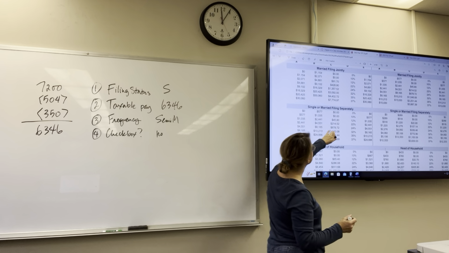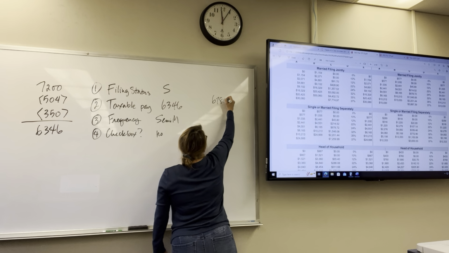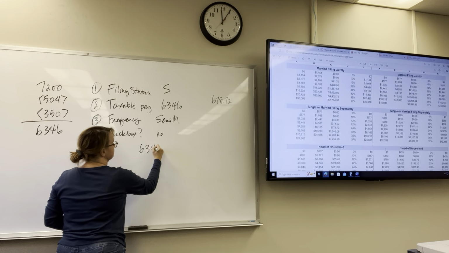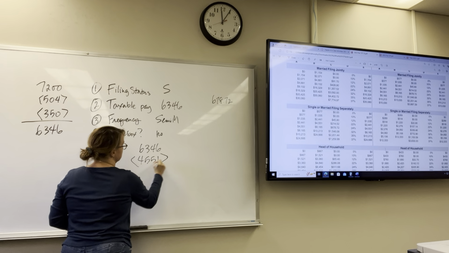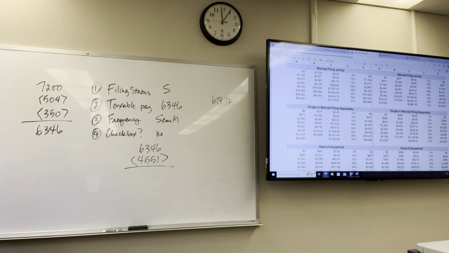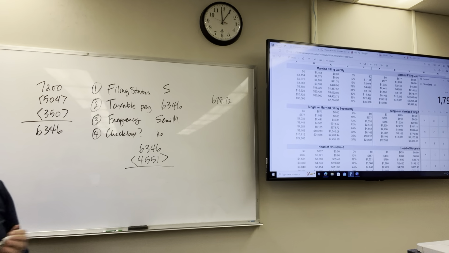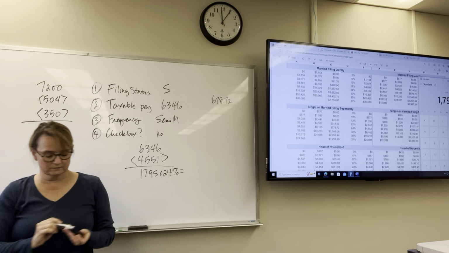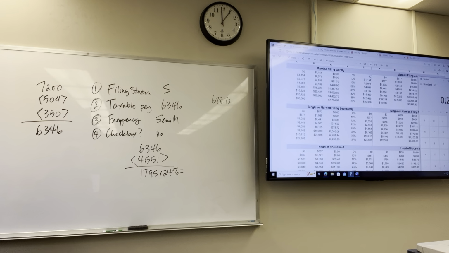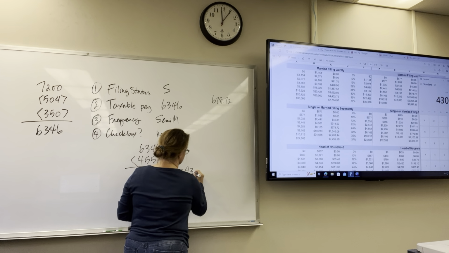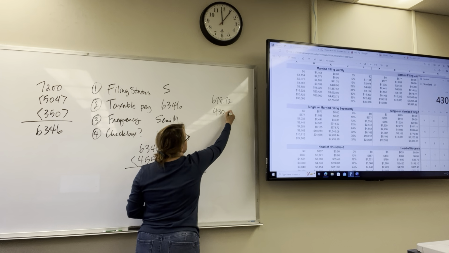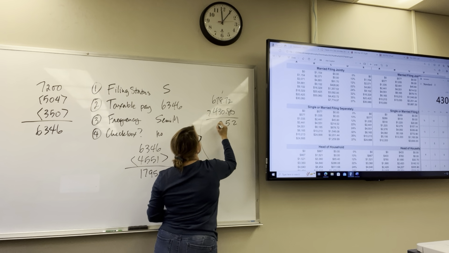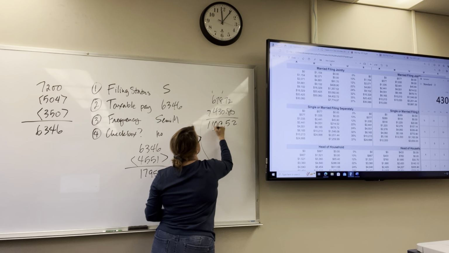So our tentative amount to withhold is 678.72 plus 24% of the amount over 45.51. 63.46 minus that is $17.95 times 24%. $430.80. Add those two together to 1109.52.